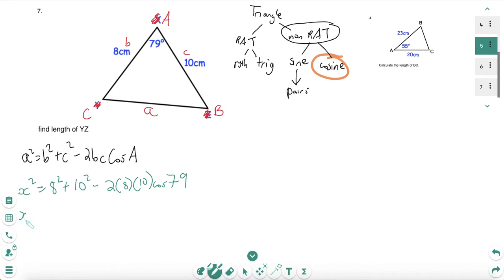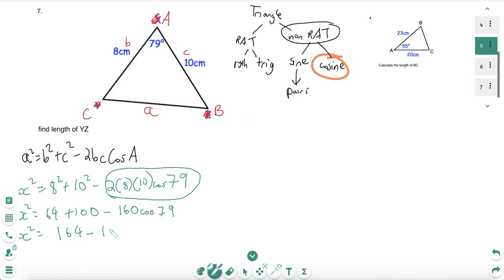Let's simplify that. Well, 8 squared is 64, plus 100, minus, we can simplify all of this in one go. 2 times 8 is 16, times 10 is 160, so 160 cosine 79. X squared is equal to 64 plus 100 is 164 minus 160 cosine 79.